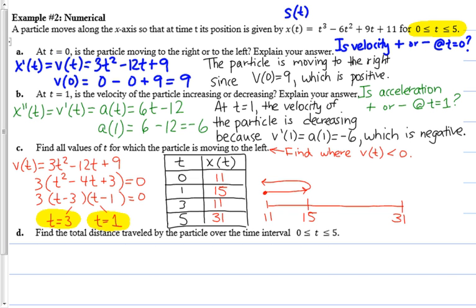And then, oh look, it went up to 31. In order to do that, I'm going to have to turn around again. So, we're supposed to be looking for all the values of t for which the particle is moving to the left. Okay, so the only place I see that it moved to the left is right here.